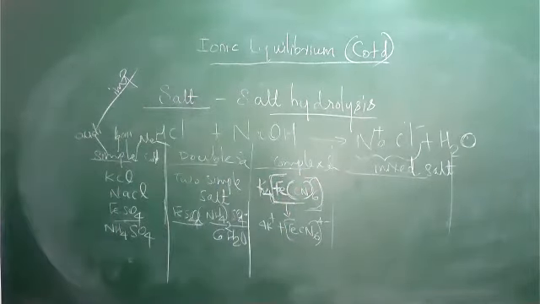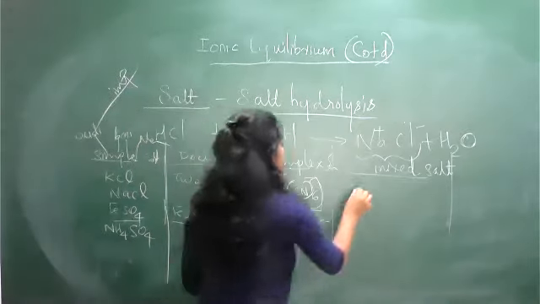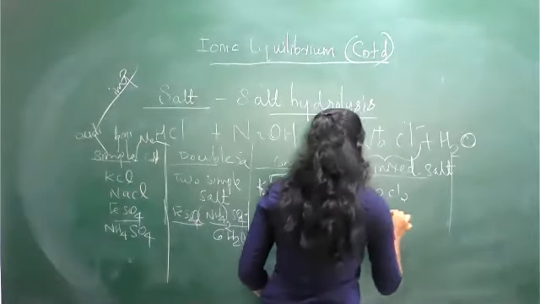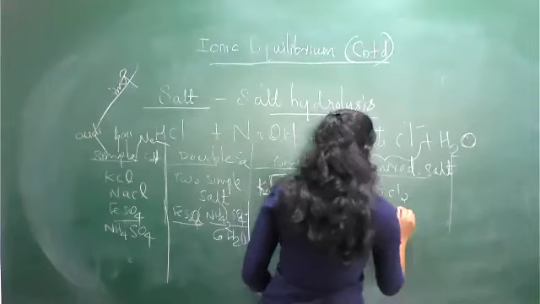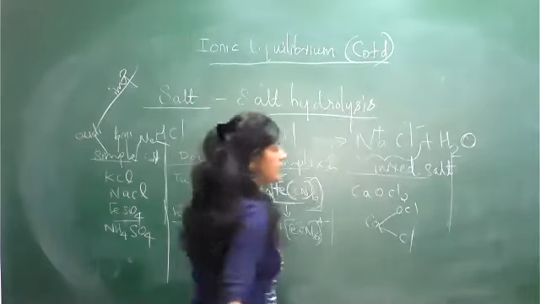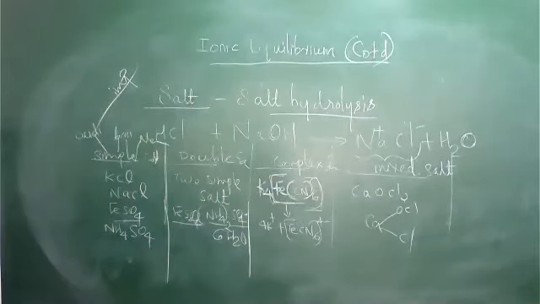Then mixed salt is also there, CaOCl2. Calcium is there, and in the middle OCl and Cl. This is a mixed salt, which furnishes more than one cation or more than one anion when dissolved in water.